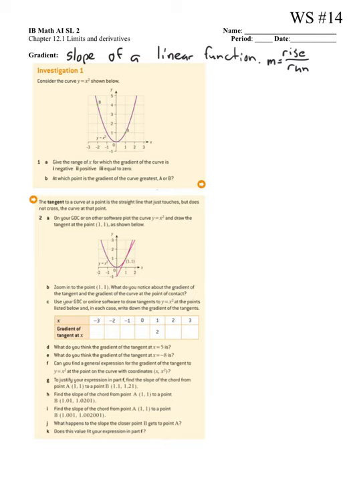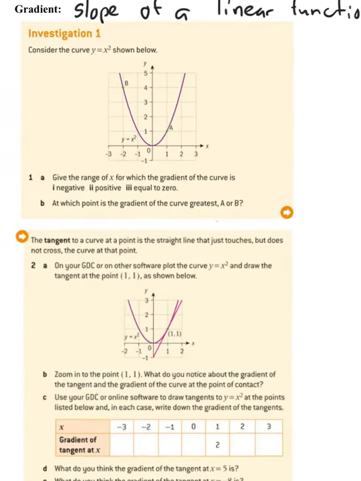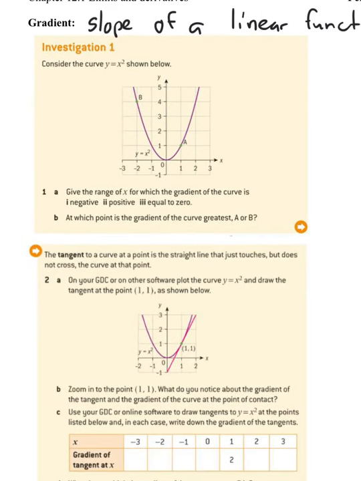So the first thing I have for you guys is an investigation from the textbook. It says, consider the curve y equals x squared shown below. Give the range of x for which the gradient, so that's the slope, of the curve is negative. Find out when it's positive and find out when it's 0.